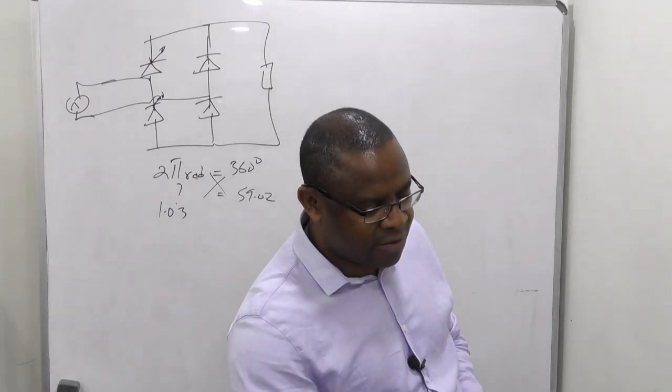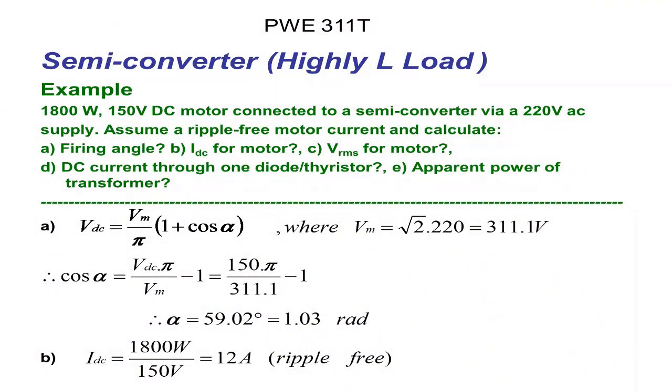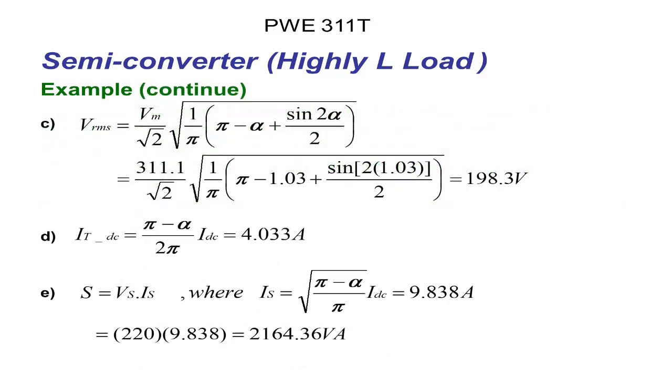Right. So once you do that, you are going to have the VRMS to be Vm over root 2 into the square root of 1 over pi into pi minus alpha plus sine 2 alpha over 2. You leave pi as it is, but convert the outside alpha to radians, that's 1.03.